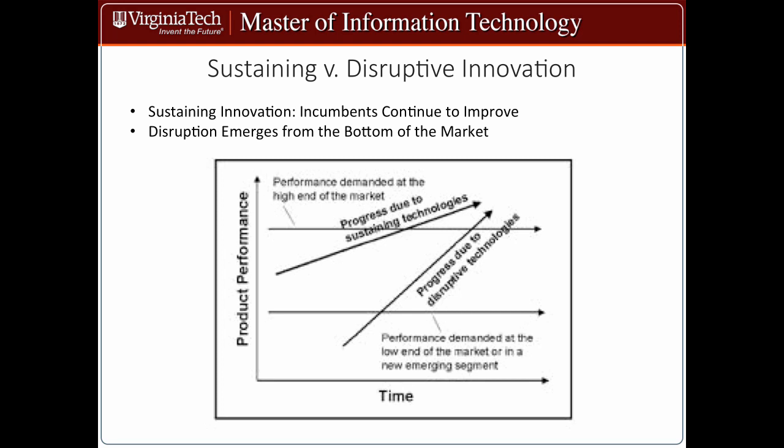And so we see these two lines here, this progress due to sustaining technologies. This is a company that's continuing to invest to improve a current product or service that they have. So this is Apple continuing to invest now in the iPhone to add new features. They're not changing it radically. They're not making any major shifts to the underlying architecture of the product, but they're continuing to add and refine and improve.